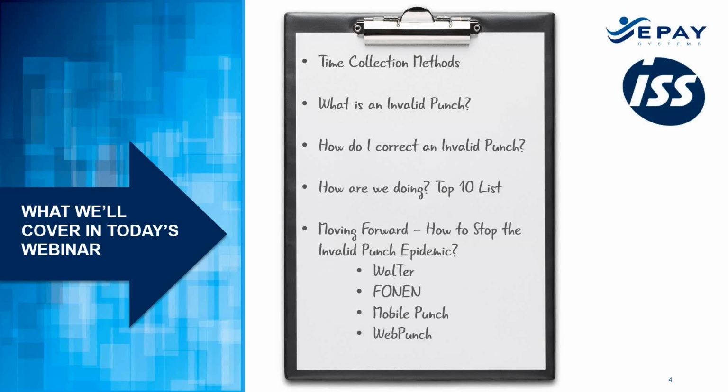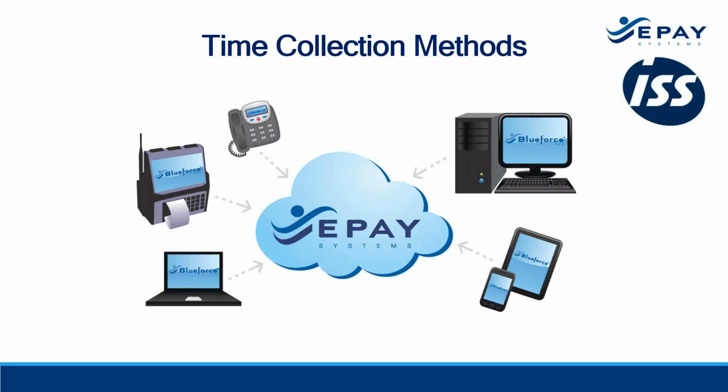Then I'm going to go through how we are doing, providing a top 10 list of which ISS locations are doing the best on invalid punches. And lastly, we're going to talk about moving forward: how do I stop the epidemic of invalid punches, and what can I do to fix them and prevent future occurrences?